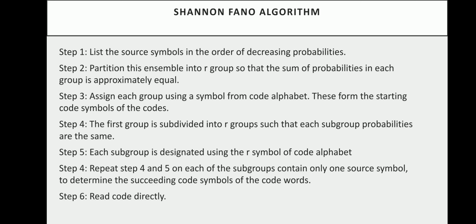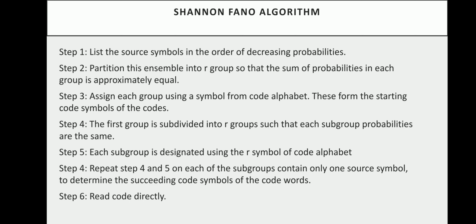Then we assign each group a symbol from this R code alphabet. After that each group is again subdivided into R groups such that the subgroup probabilities are the same or nearly equal. Then again we assign a symbol from the R code alphabet to each subgroup. This step is repeated until we have only one source symbol.